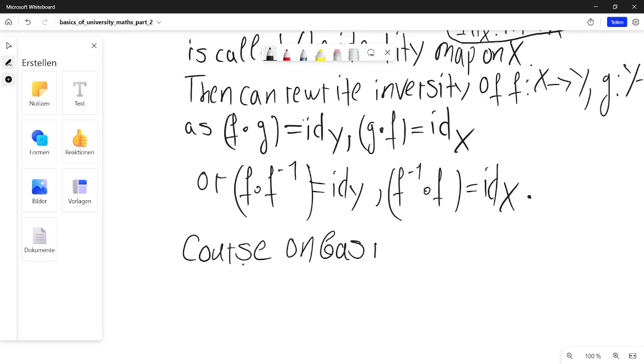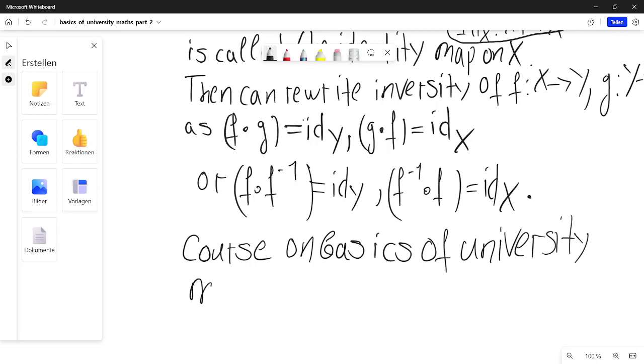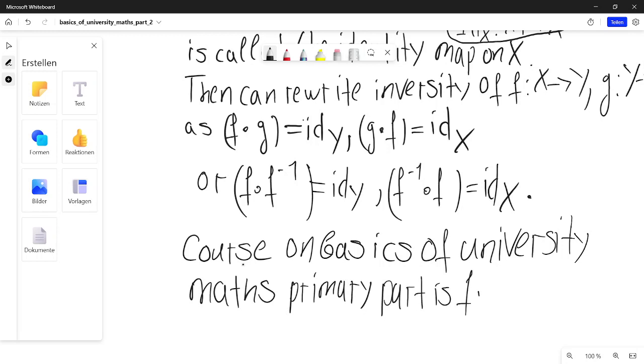Basics of university maths, primary part is finished.